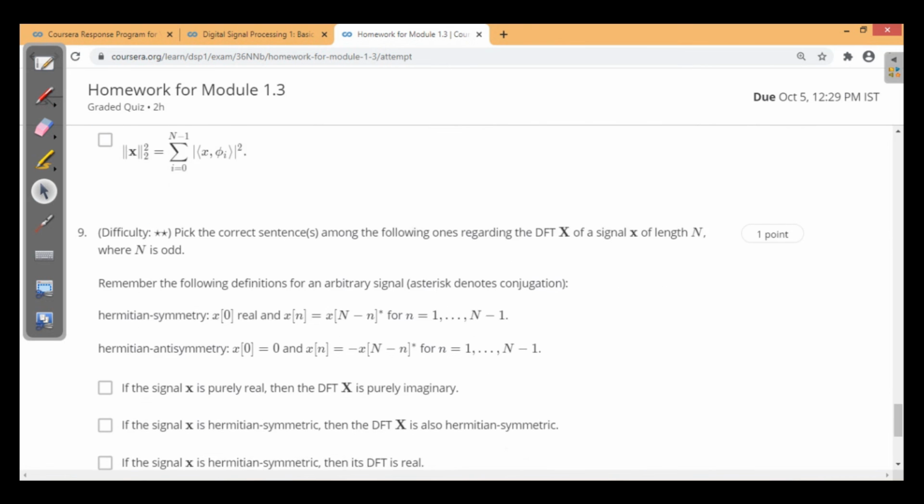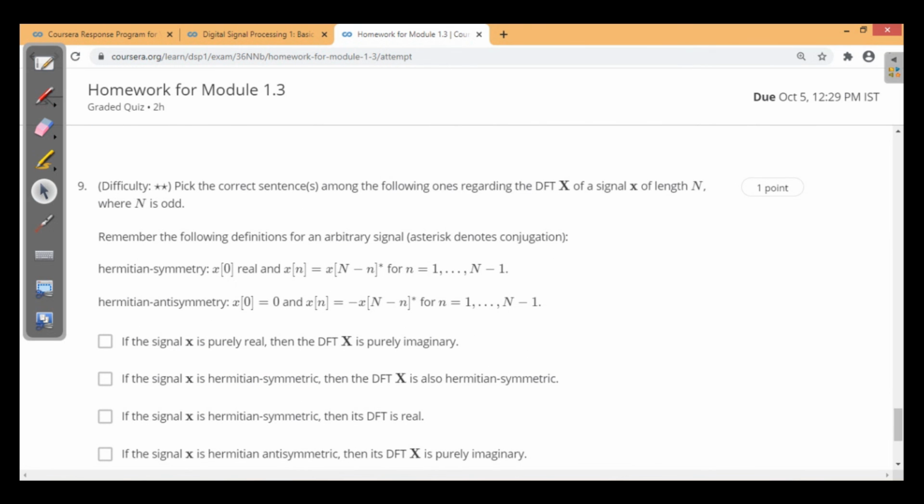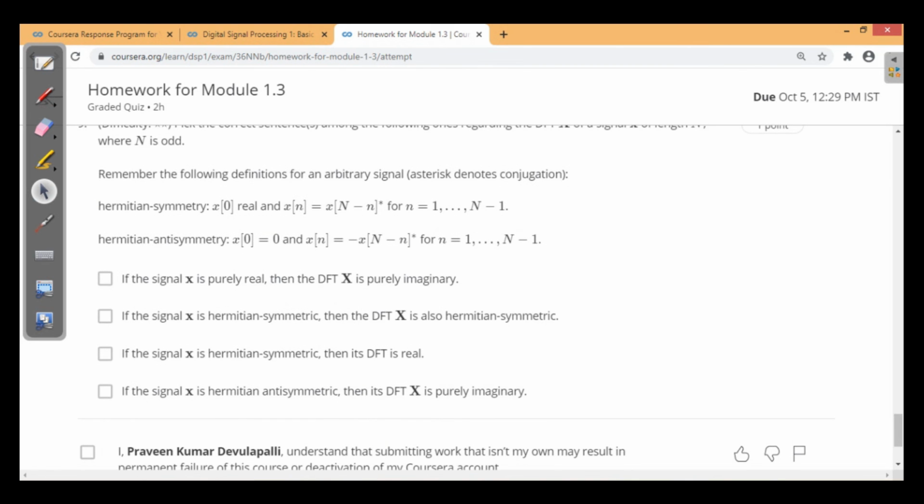And the ninth one, pick the correct sentences among the following ones regarding the DFT capital X of a signal small x of length capital N, where capital N is odd. So Hermitian symmetry: x of n is equal to the complex conjugate of x of N minus n, for n is equal to 1 to N minus 1.